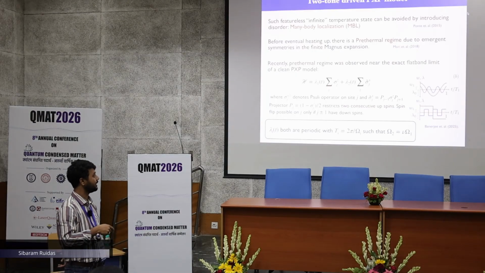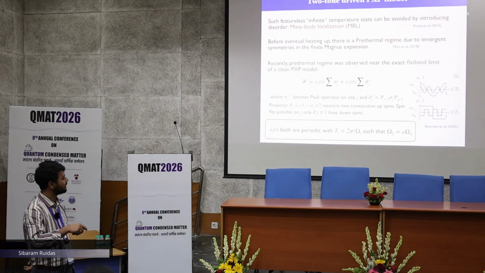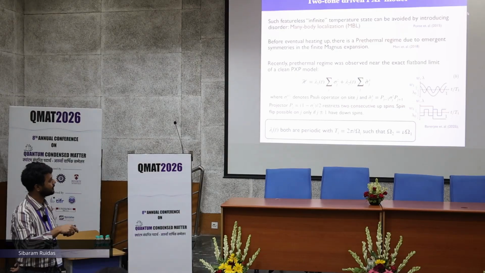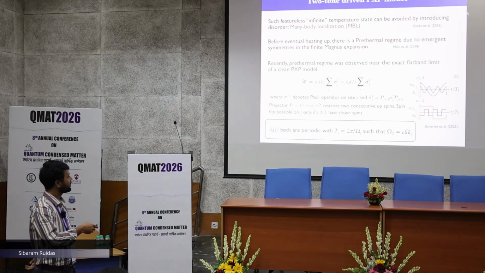Depending on the protocol, nu can be an integer. These are the two different protocols, the cosine and the square wave. As you can see, lambda 1, the red one, is for one frequency, and lambda 2 is for the other frequency. As you can see, there are two different frequencies.